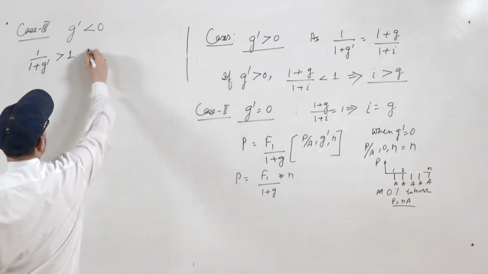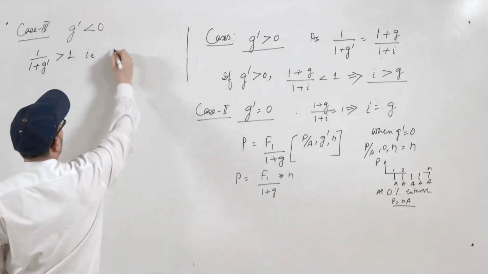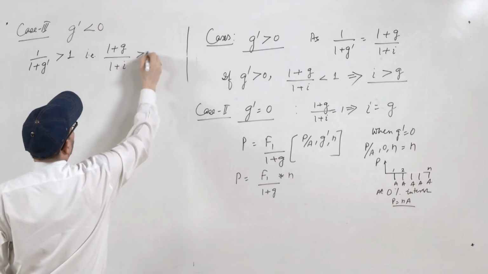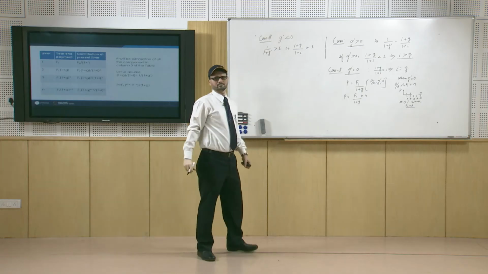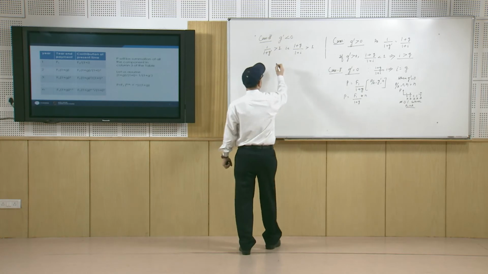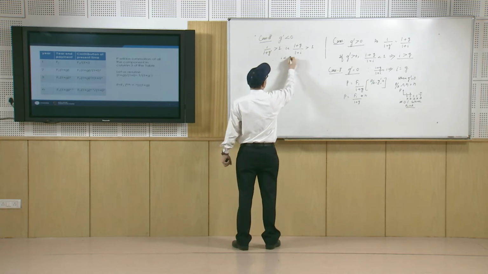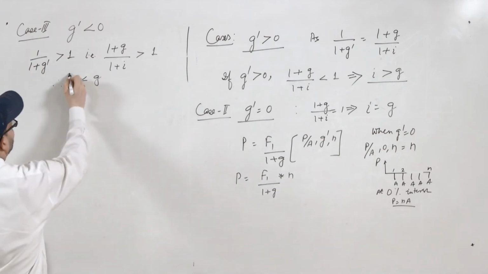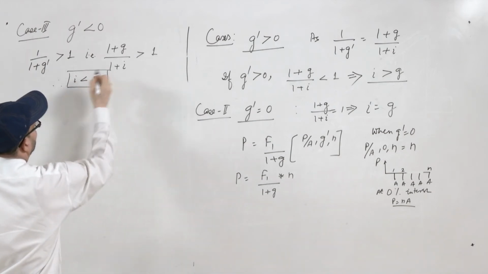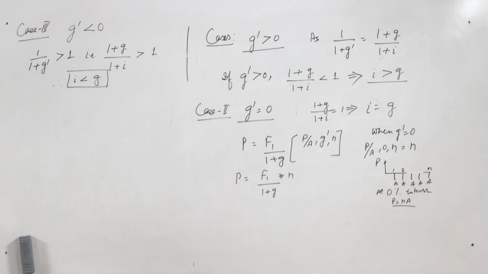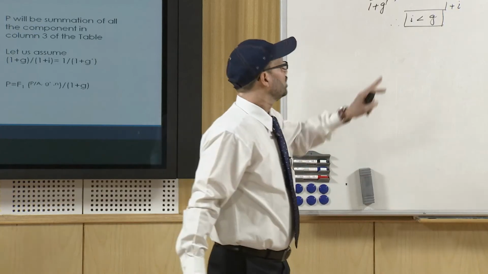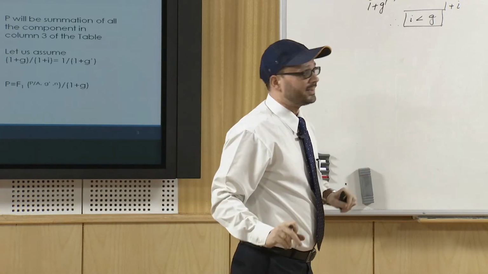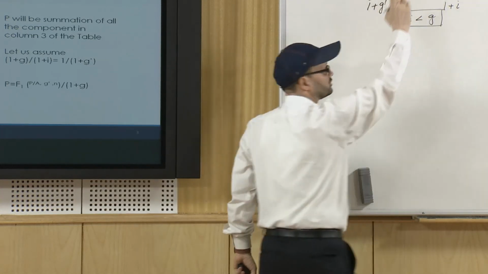That is, 1 plus g upon 1 plus i will be more than 1. So, i will be less than g. Whenever you have this condition, the constant percentage increase is more than the interest rate, in that case your g prime will come as negative.